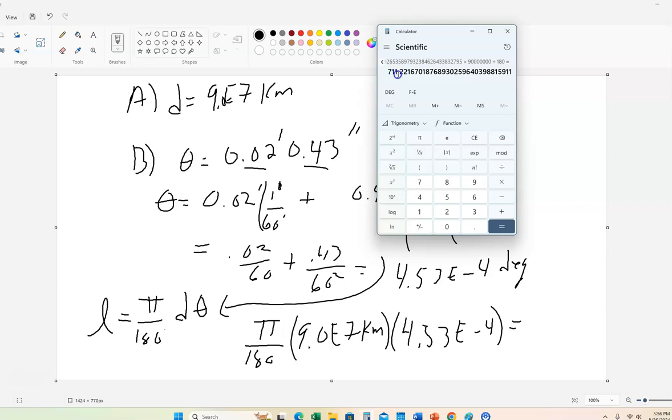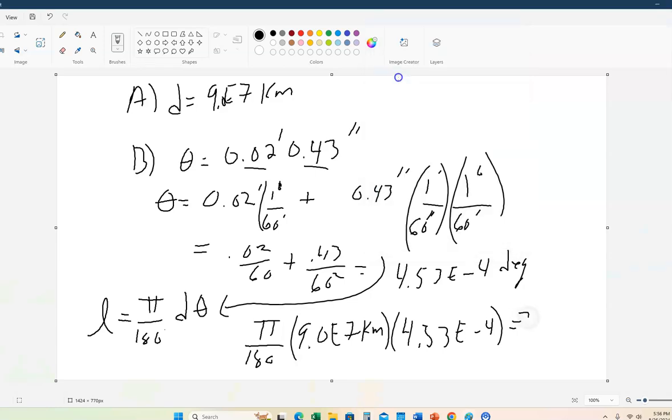This comet turns out to be, rounded to 1 place past the decimal, 711.2 kilometers. On the test on Blackboard for part B, you would just write in 711.2, rounded to 1 place past the decimal. That's it for this video.